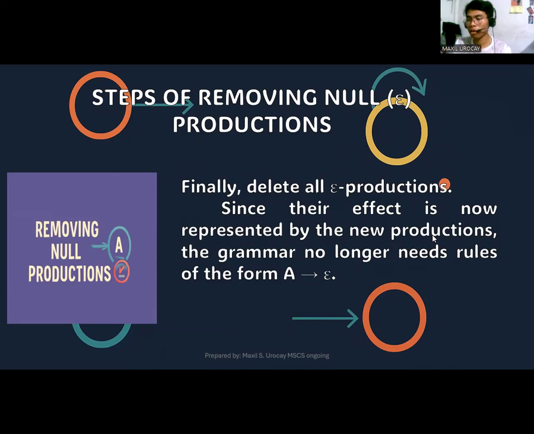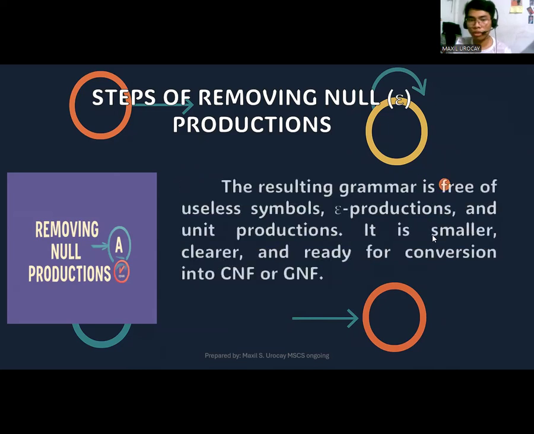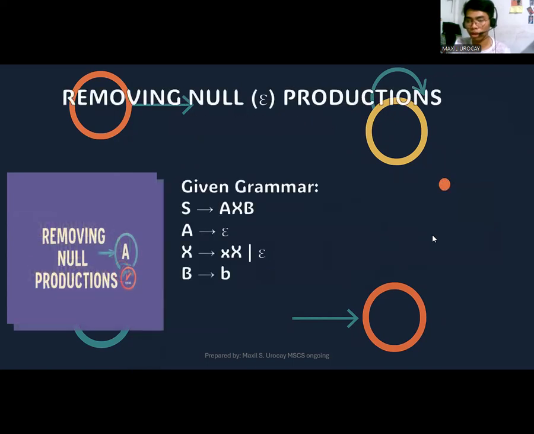Aside from that, the resulting grammar is free from the null production, and it is smaller, clearer, and ready for conversion into CNF and GNF. So we're done with that one already.